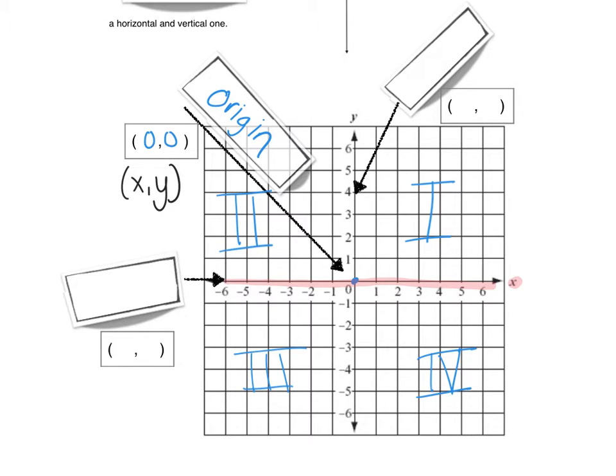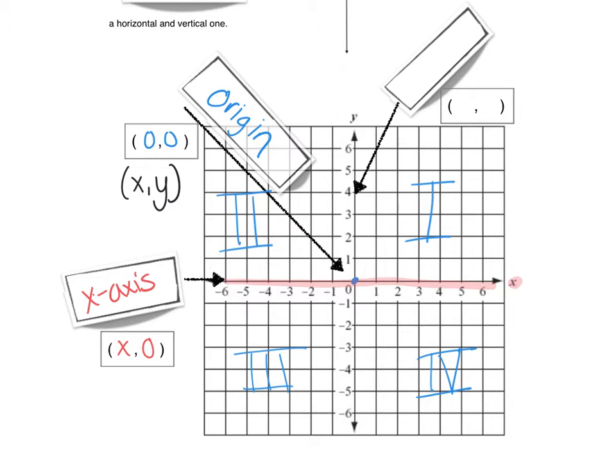It has a little label here for an x because that axis is called the x-axis. So wherever the point is on that axis is what you put first in your ordered pairs, okay? So on the x-axis, it's always going to be whatever value you have for x and 0, okay? Because you're not going anywhere on your y-axis. So your x-axis is always in the form x comma 0 as an ordered pair.